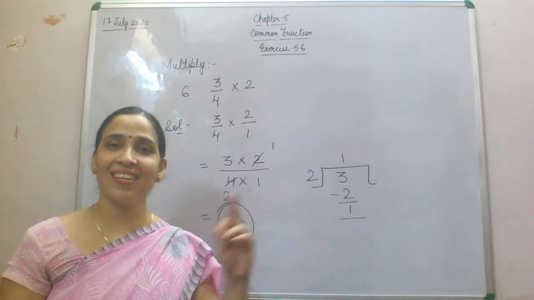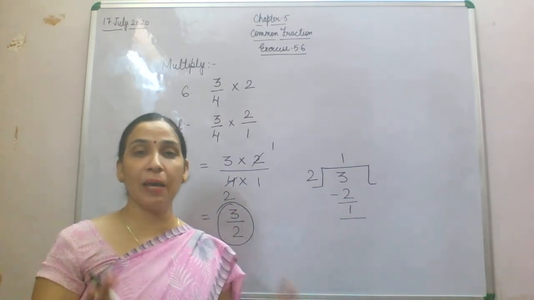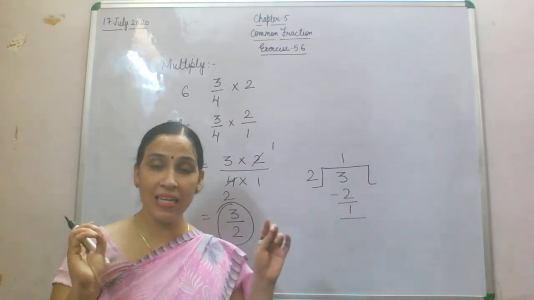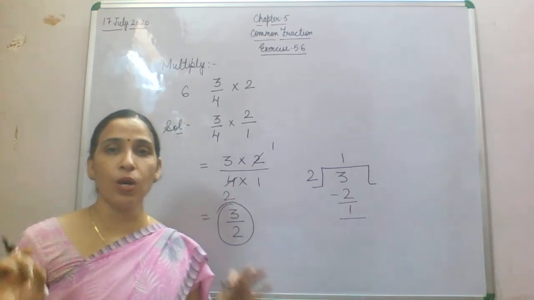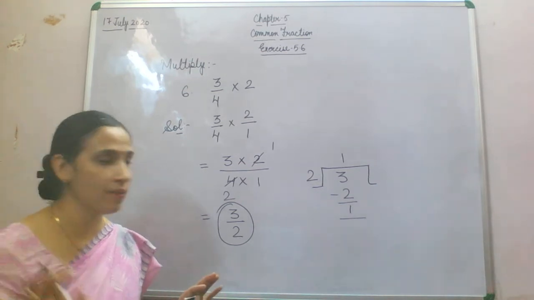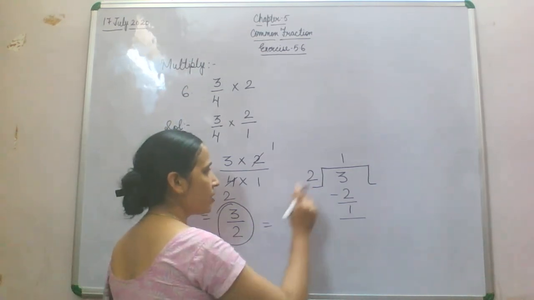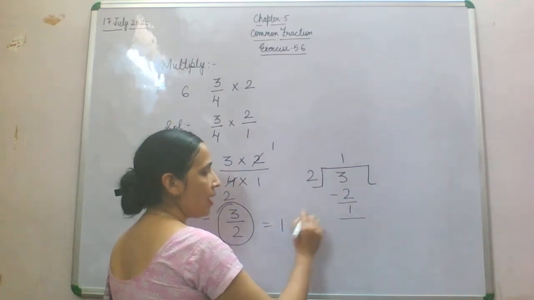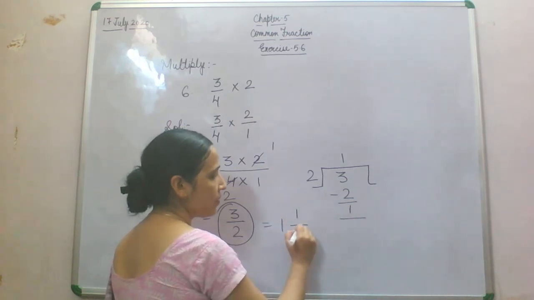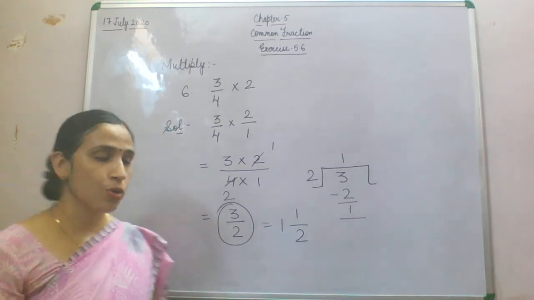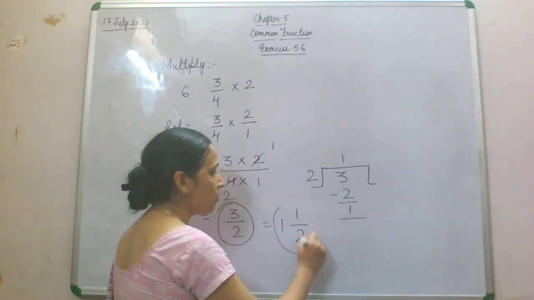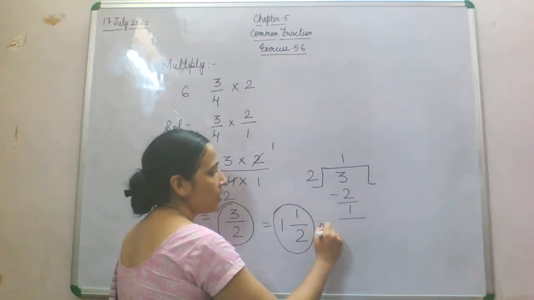Q, R, D. What is the quotient here? 1. R, 1. And what is the divisor? That is 2. So 1, 1 by 2. That is your answer.